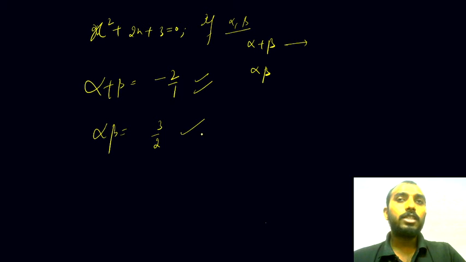So this is the method to find the sum of roots and product of roots. There is no need to find the exact roots, because sometimes you can't find the exact roots, as it is very difficult.